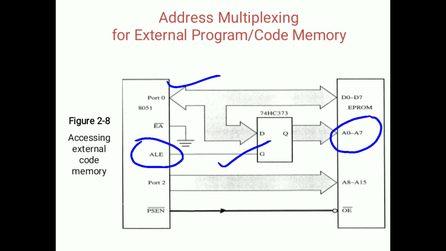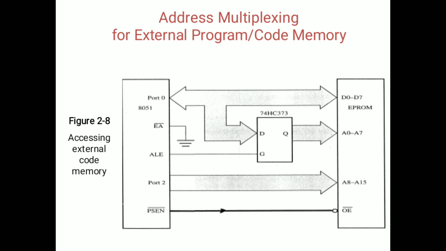When the pin gives the signal to deactivate the flip flop, then these pins will be used as data pins. So ALE controls whether we use the port 0 pins as a data bus or an address bus.